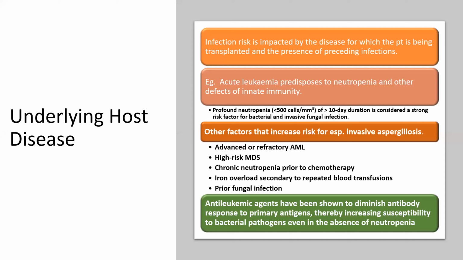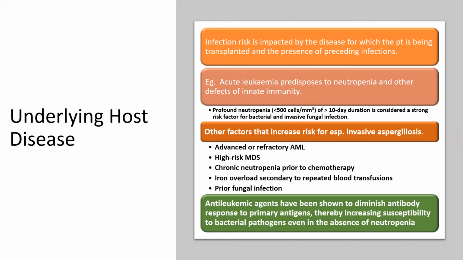And then other factors that might increase risk for infection, especially invasive fungal infections, include diseases like advanced or refractory AML, high-risk MDS, chronic neutropenia prior to chemotherapy, iron overload secondary to repeated blood transfusions, and prior fungal infection.